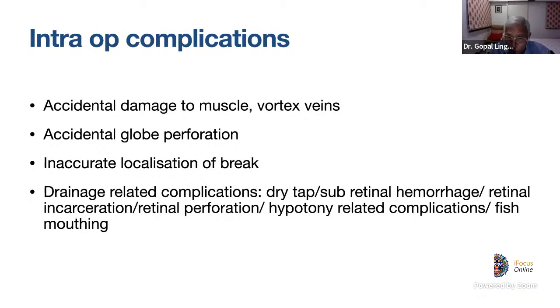So when you are perforating the choroid, you must tell your assistant to relax the traction on the eyeball so that the eyeball is not very hard. Because under high intraocular pressure, if you penetrate the globe, a sudden gush of fluid comes, the retina follows the fluid jet and then gets incarcerated. Retinal incarceration itself is not very dangerous, but what is dangerous is it pulls on the retina beyond, and that leads to a retinal break remaining open.